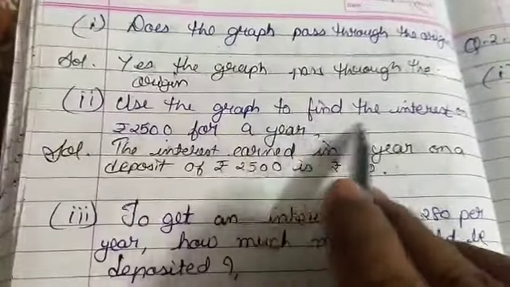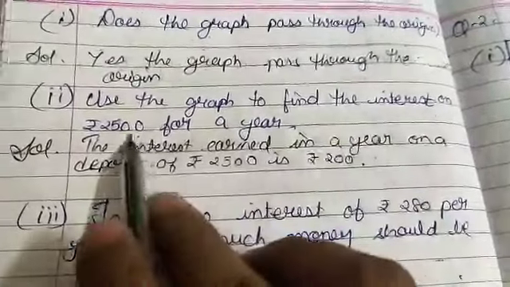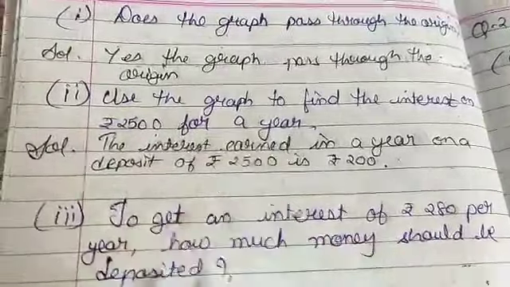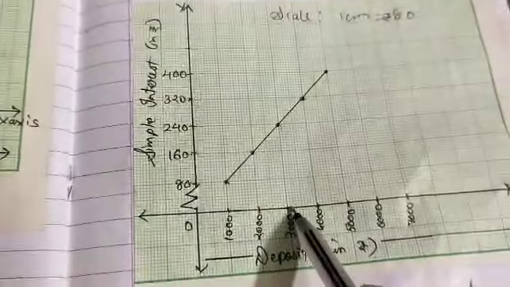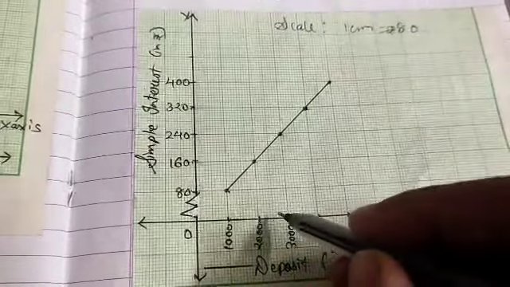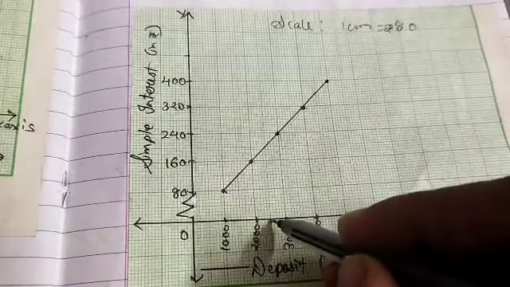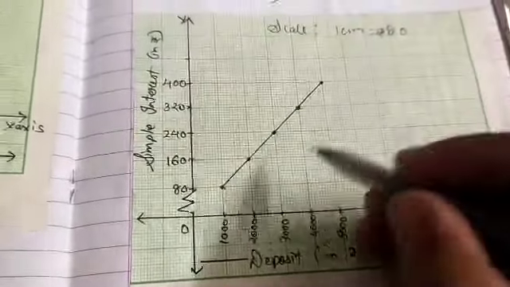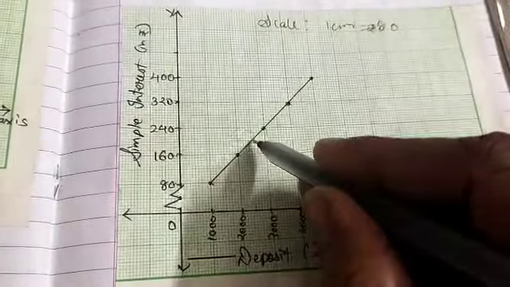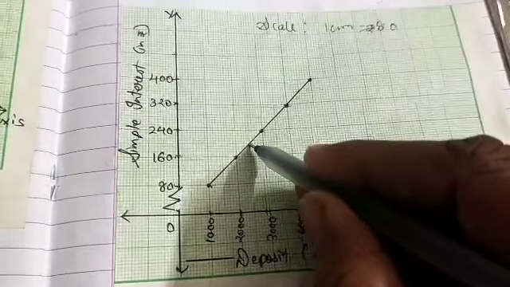Use the graph to find the interest on 2500 for a year. So 2500 is between 2000 and 3000. If you want to find the interest amount, 2500 is exactly between, over here. So you have to move upward and stop on that line.